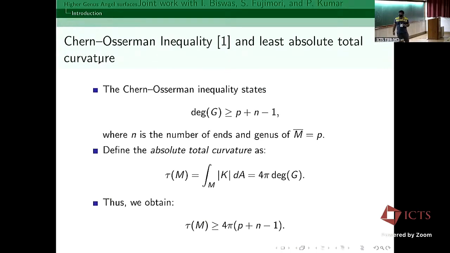But if we define the absolute total curvature, then we can talk about its lower bound from this inequality, which comes out to be this. So the question is, can we attain surfaces which achieve this equality?